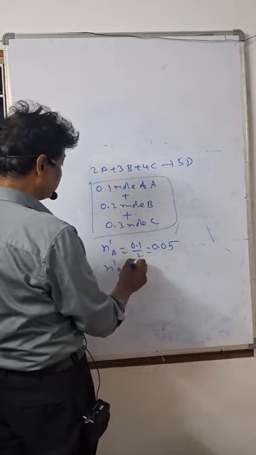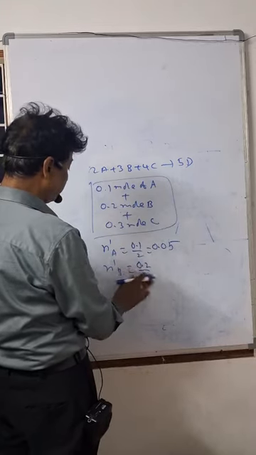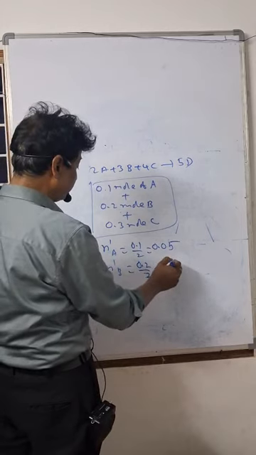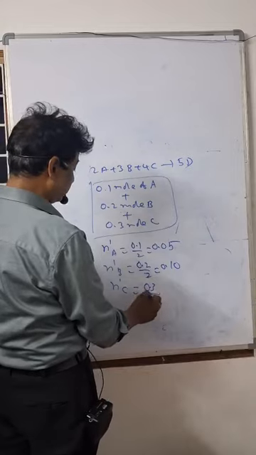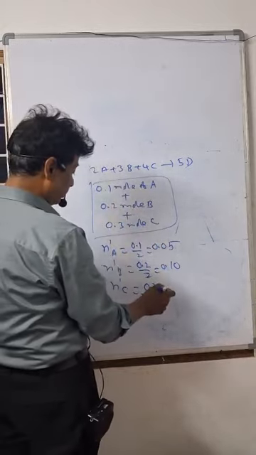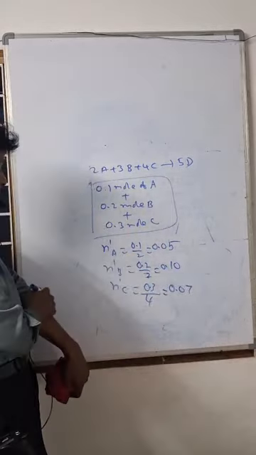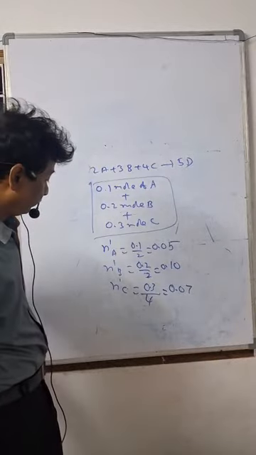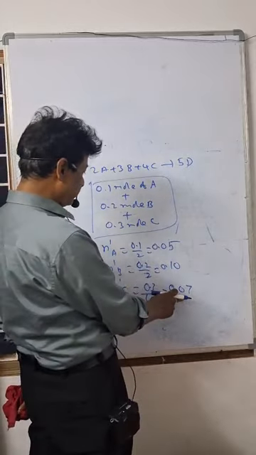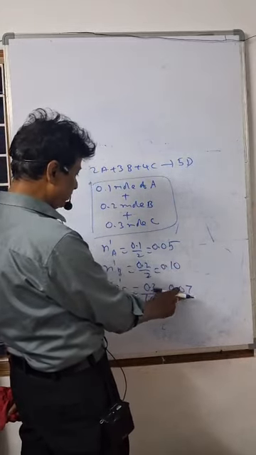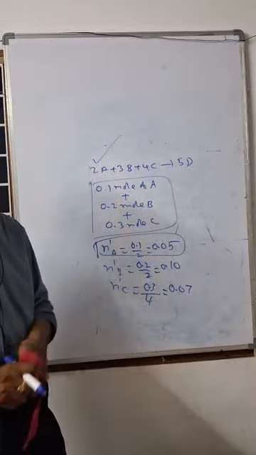For B, 0.2 by 3, 0.07. For C, given moles 0.3, equation moles 4, 0.075. Which is the least among these? A is the least, so A is the limiting reagent.